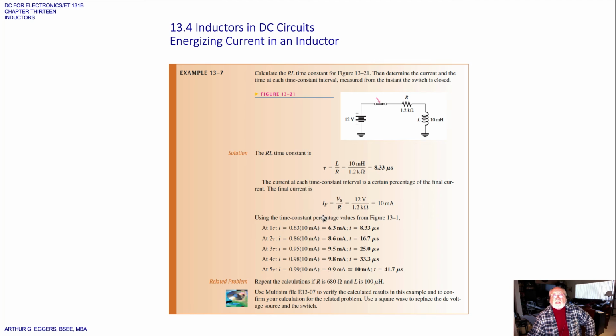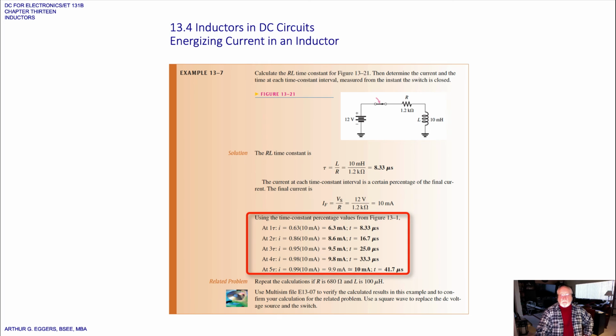Then using the time constant percentages, at one time constant the current is equal to 0.63 times 10 milliamps, or 6.3 milliamps, at 8.33 microseconds. If we go all the way to the end, 5 tau, the current is essentially at 100%, 0.99 times 10 milliamps, at 41.7 microseconds.